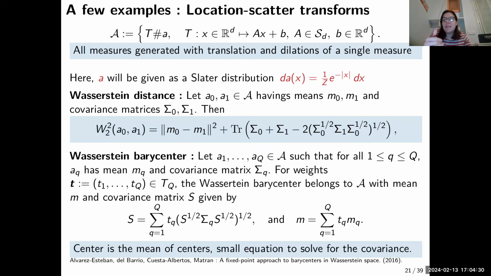This would lead to a cost which would scale like 100 to the 6, which is way too large for what we want to do. So exact Wasserstein barycenters are not usable in that case.